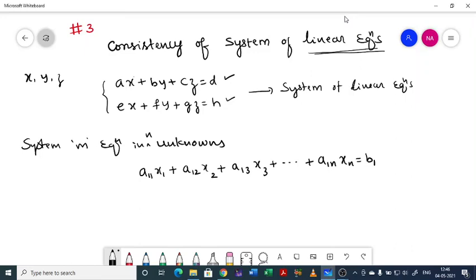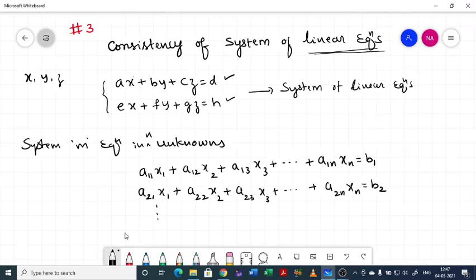Similarly, we write a second equation: a21 x1 plus a22 x2 plus a23 x3 and so on, plus a2n xn equal to b2.